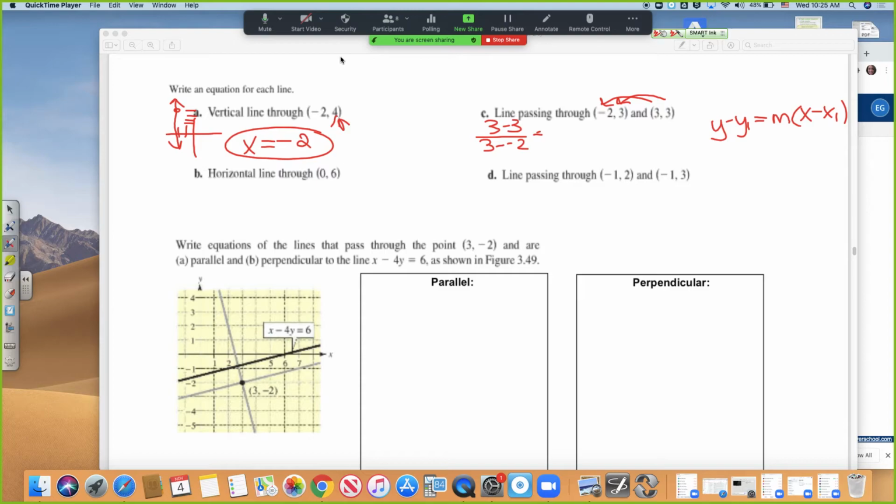Well, 3 minus 3 is 0. 3 minus -2, 3 plus 2 is 5. It really doesn't even matter because when you divide 0 by anything, it's just going to equal 0 anyway. So I know from looking at this slope that this line looks like what?